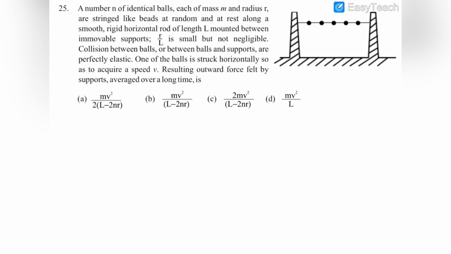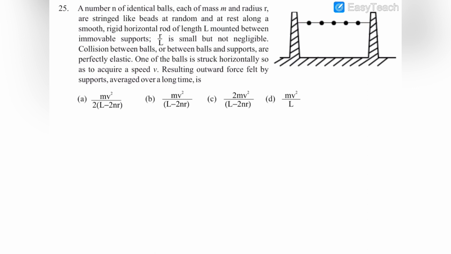In this question, you can see that there are n identical balls, each of mass m and radius r. They are in the form of beads, and these beads are strung on a horizontal thread.